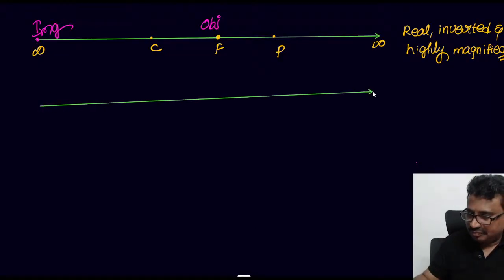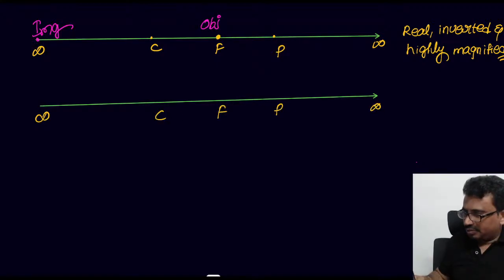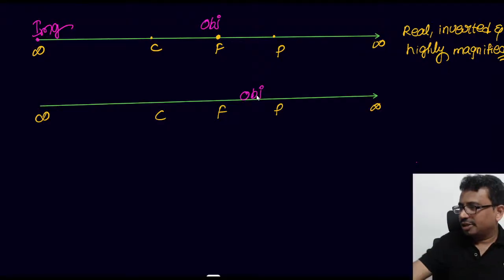Next. Another special case, this one. Now, if the object reaches here, where will the image form now? This is the special case.